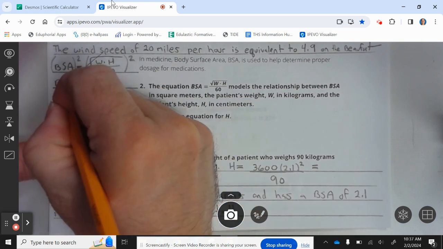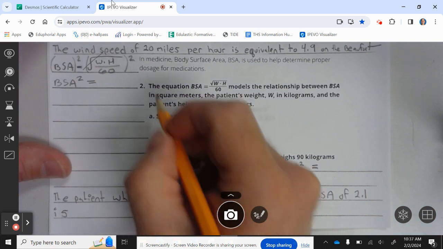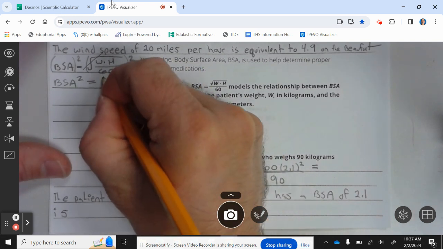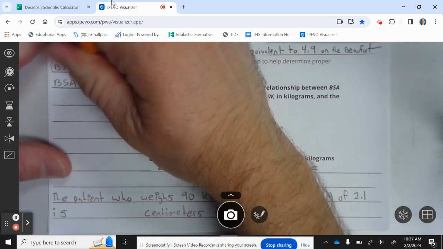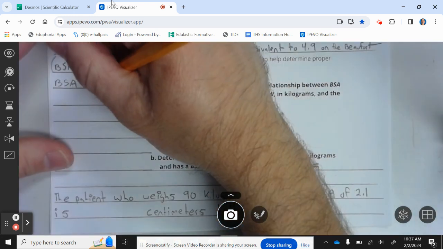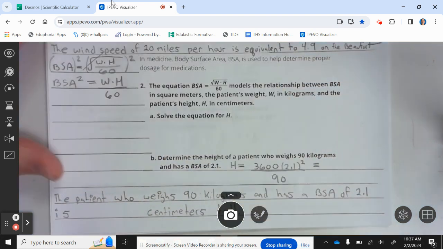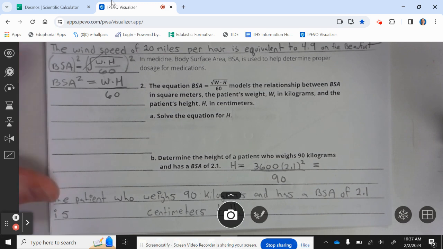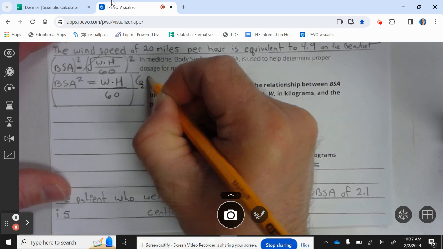You're left with BSA squared equals W times H divided by 60. All right. Our next step is we need to multiply everything by 60.